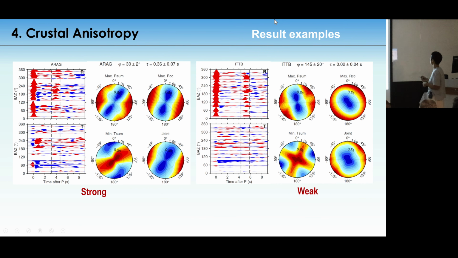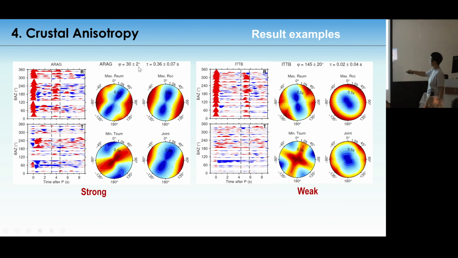Now let's take a look at real stations, real data. These are the two receiver functions for the two stations that we showed before, and here are the GOF results. From the analysis of the receiver functions, we imagined that the anisotropy of this station may be stronger than at the ITTB station.